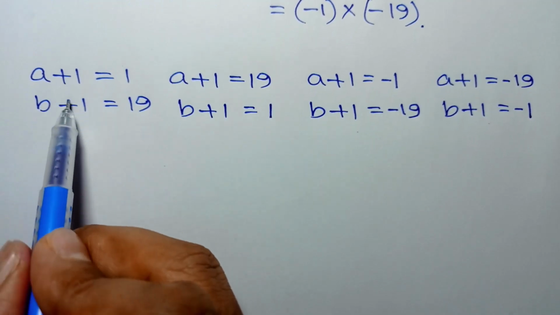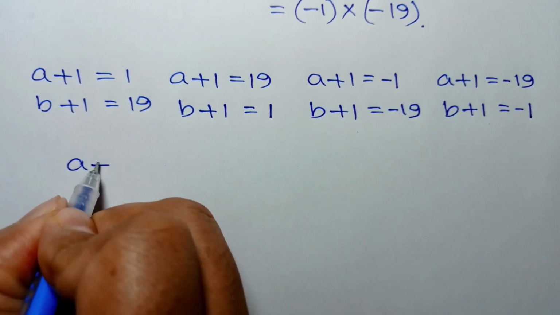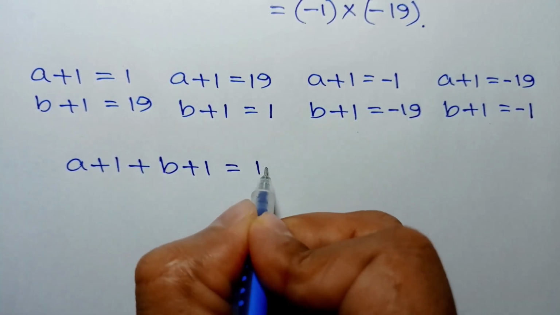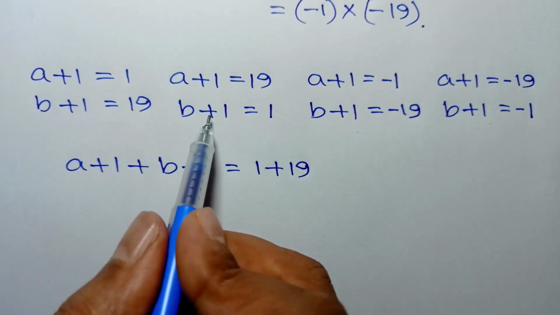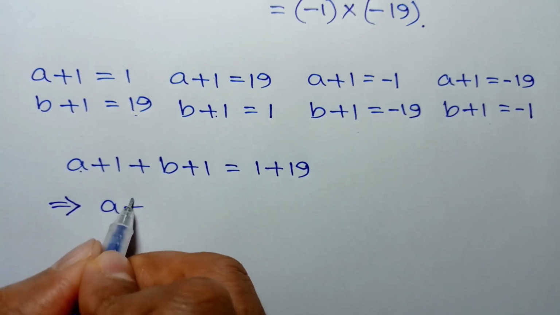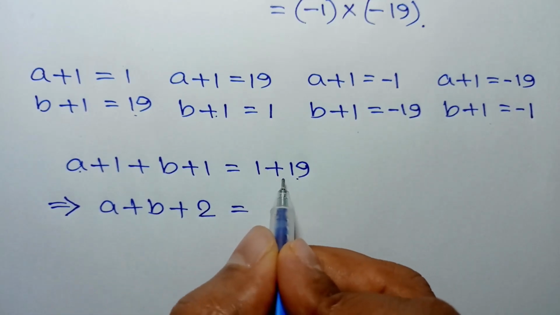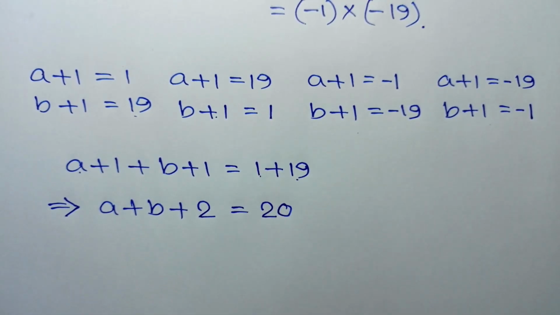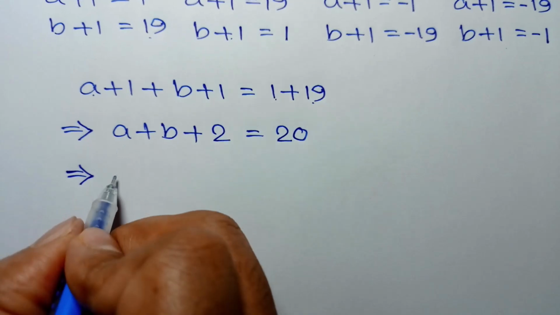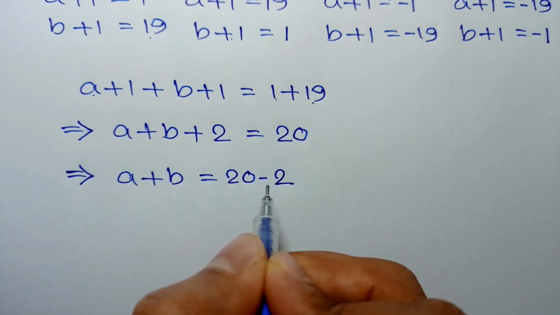Now adding these two equations for these two cases we can write a + 1 + b + 1 = 1 + 19, or a + b + 1 + 1 is 2 = 1 + 19 is 20, or taking this 2 to the right side we will have a + b = 20 - 2.